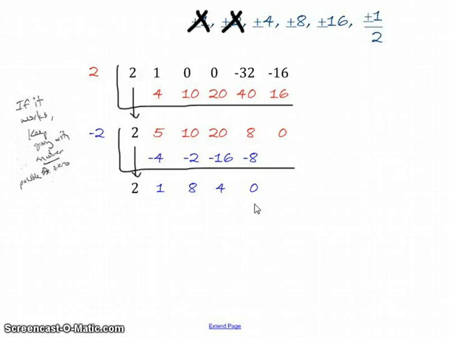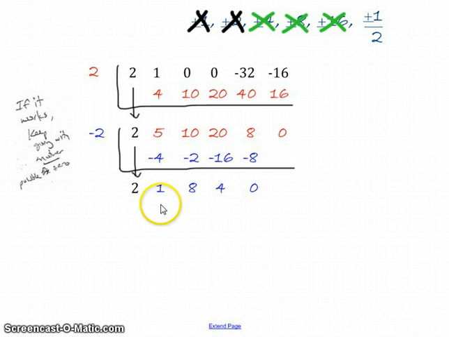Now I'm going to try 4 and negative 4 and so on. If you go through this whole list, you're going to find that the 4s, positive and negative, the 8s, and the 16s don't work. And what I have left here at this point is a 4-term polynomial that's a constant, that's x first, x squared, x cubed.